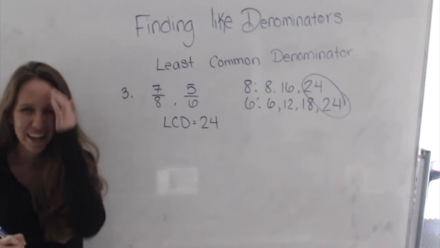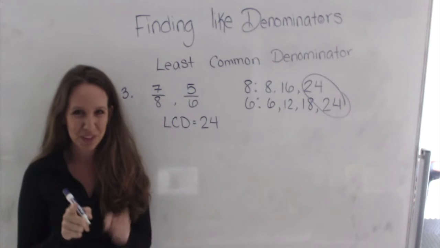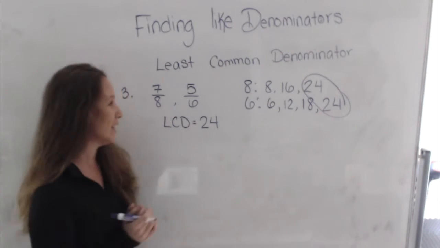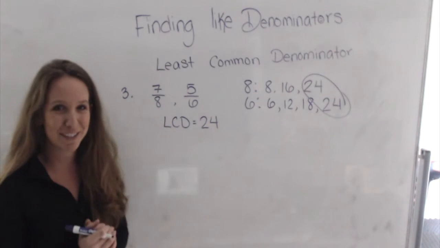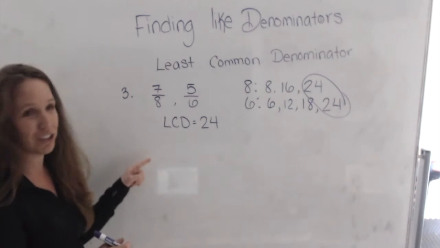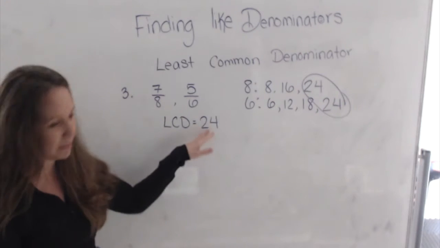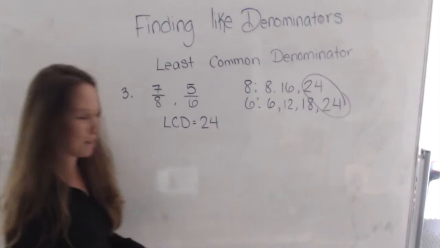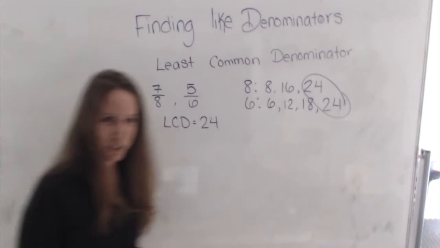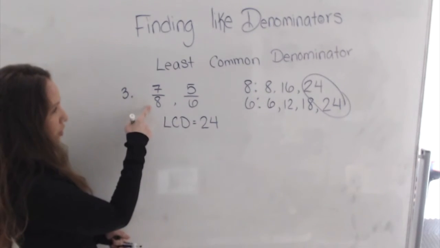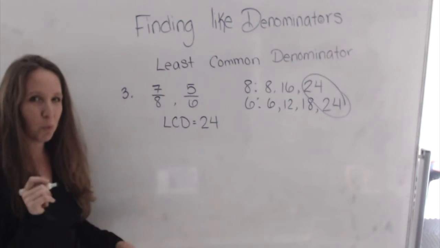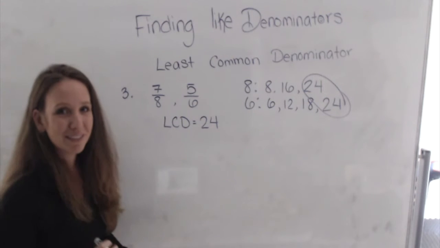Now, I'm going to challenge you. I didn't give it in the directions, but I'm going to give you a big challenge. I want you guys to find the equivalent fraction that has the least common denominator of 24. So use those thinking caps of yours. How can we turn 8 into 24? 8 times what would give me 24?